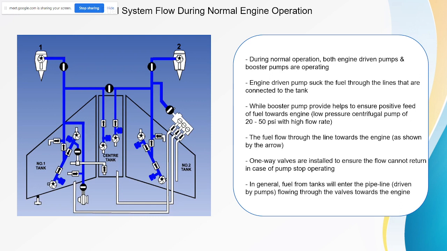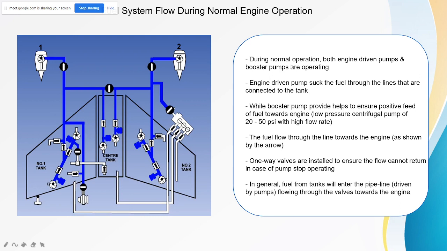The concept is tank number 1 will feed engine number 1 and tank number 2 will feed engine number 2, while the center tank will be equally divided to both engines. So that's how the flow should be. It's just as simple as that.